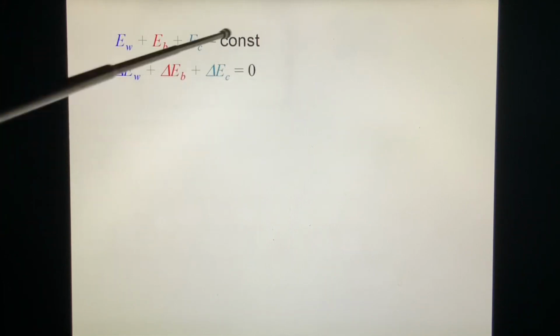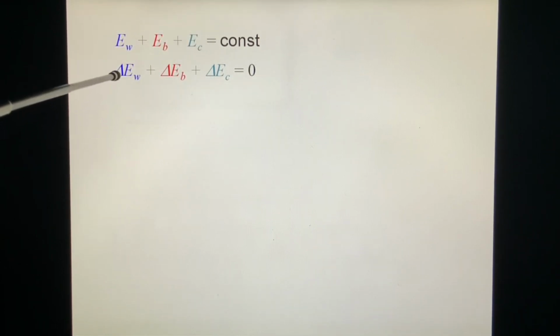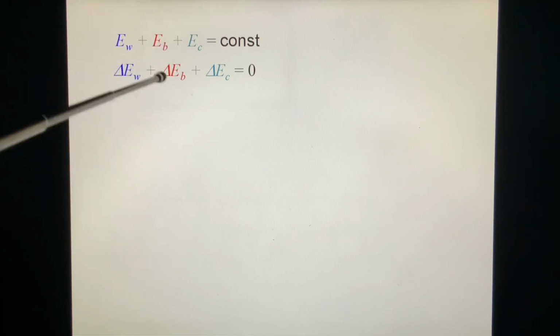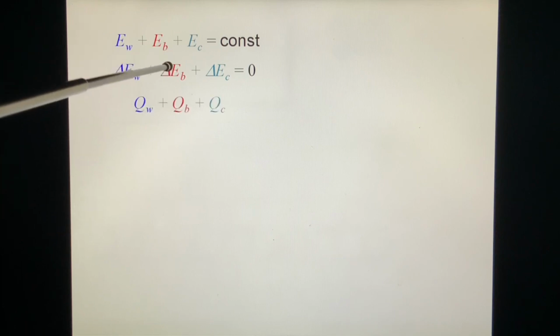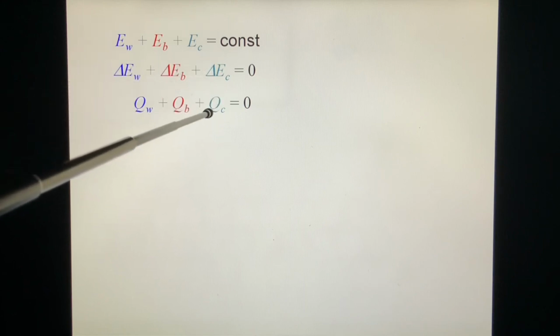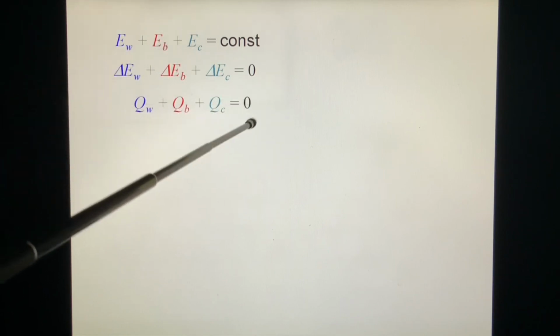The total change is constant, 0. What is this change? This is the heat. We have only heat involved, no work involved. So the water absorbs heat, the beaker absorbs heat, and the copper releases the heat. So anyway, put together it is 0.